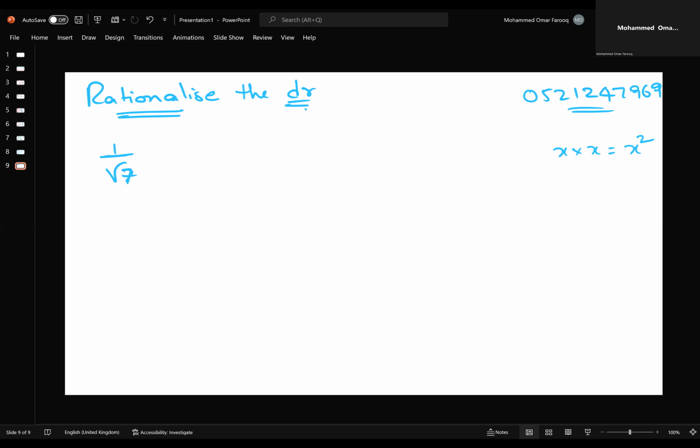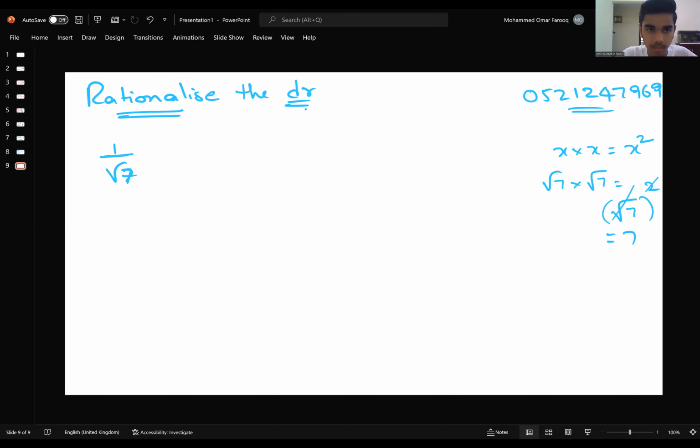In the same way, if I multiply root 7 into root 7, what happens? Square root of 7 whole square, and square and square root cancel. So this equals 7.